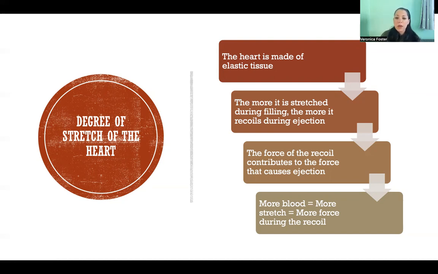So what that means is the more blood that fills the ventricle, the more stretch there is, and therefore the more force that is applied during the recoil once those valves open. So more stretch of the heart is going to equate to a greater amount of stroke volume.